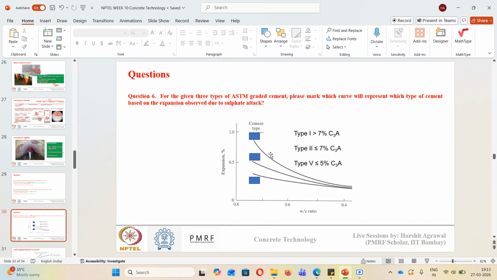This first curve has undergone maximum expansion, and this third curve has undergone minimum expansion. Which type of cement represents the first curve, and which type of cement represents the third curve?